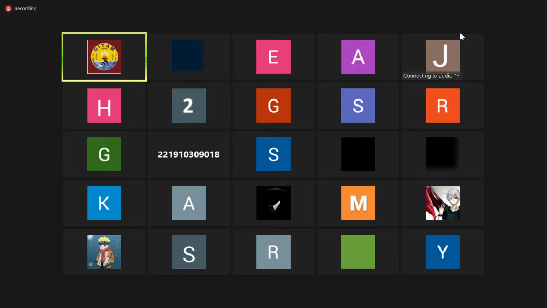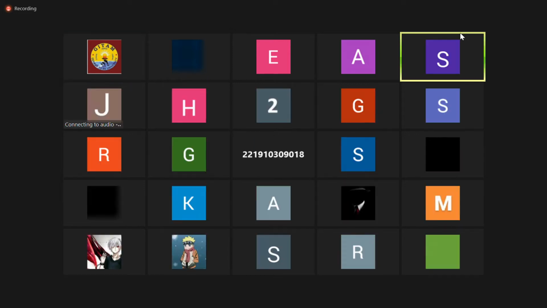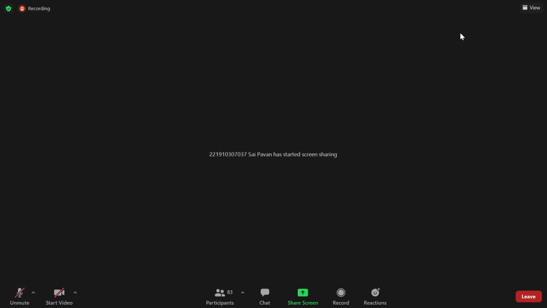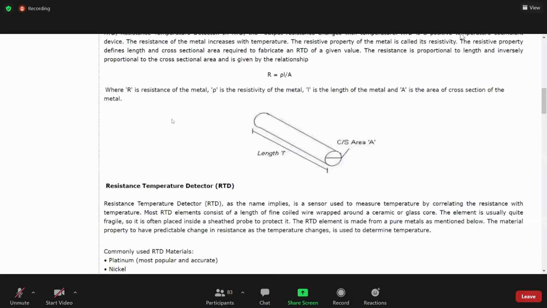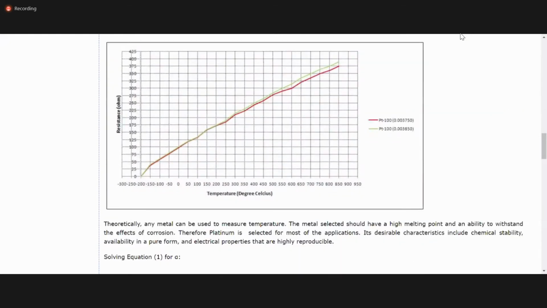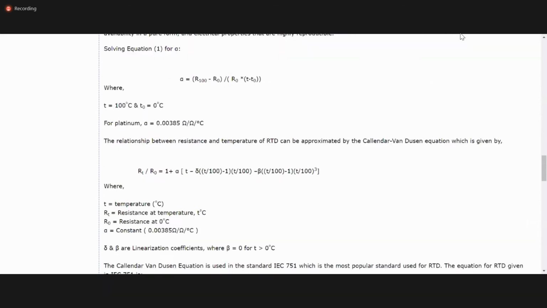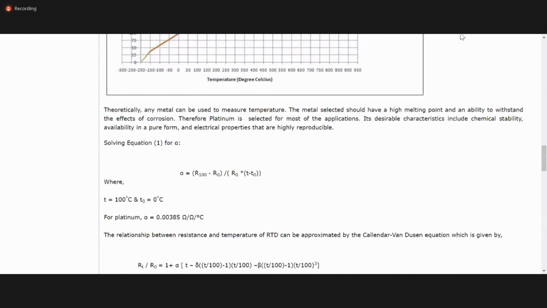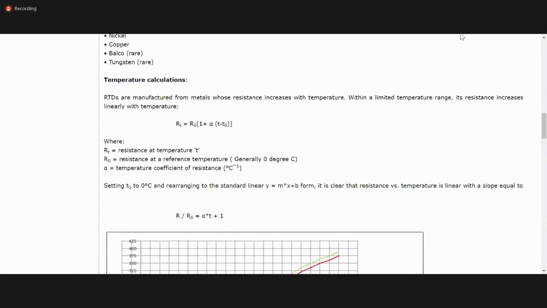CSC 37. Yes, sir. Share your screen. Right. Scroll down. Show me the formula for RT. Above the graph, yes.